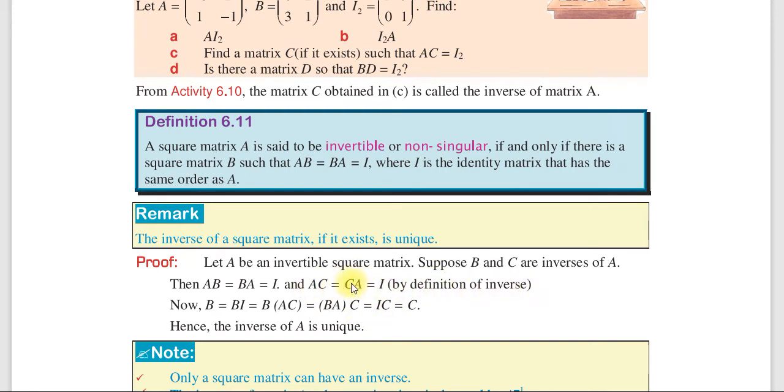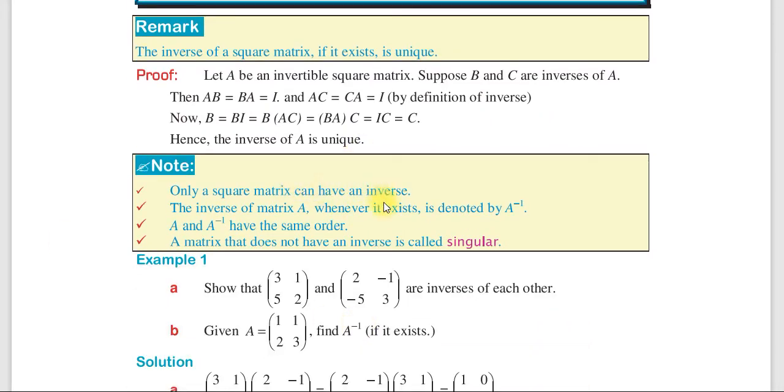Now B equals B times I, which equals B times AC, since I equals AC. By associativity, B times AC equals BA times C. BA is I, so this is I times C, which equals C. Hence the inverse of A is unique.